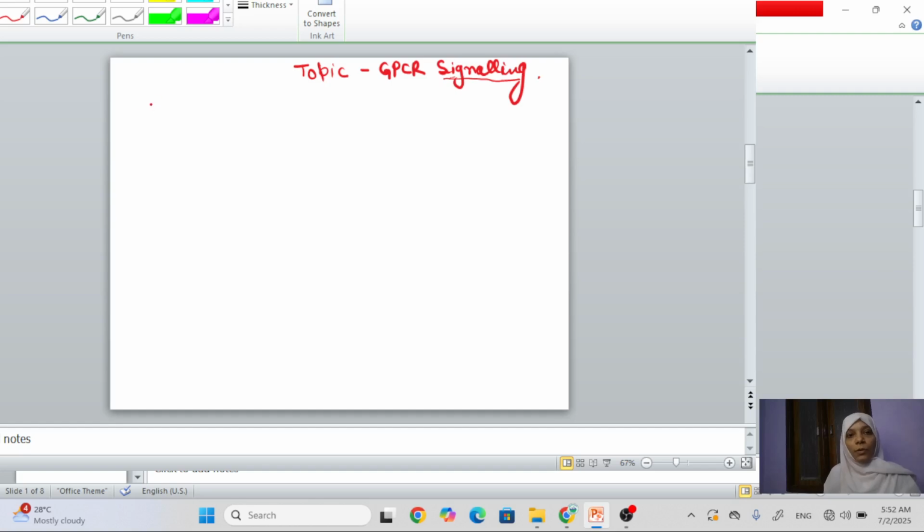Okay, the animal body is made up of different types of cells, and the collaboration of different types of cells. Cells in any animal body communicate with each other and make our body functional.